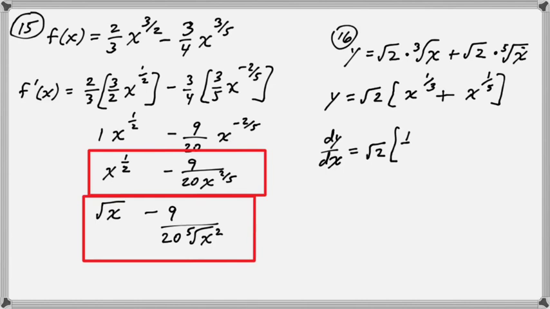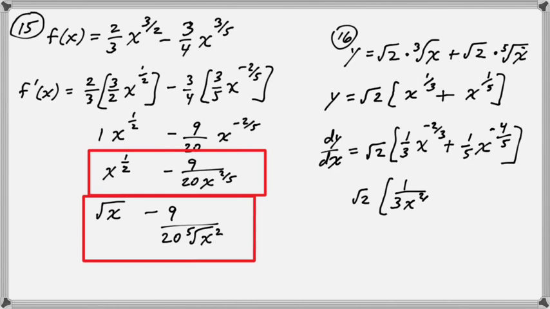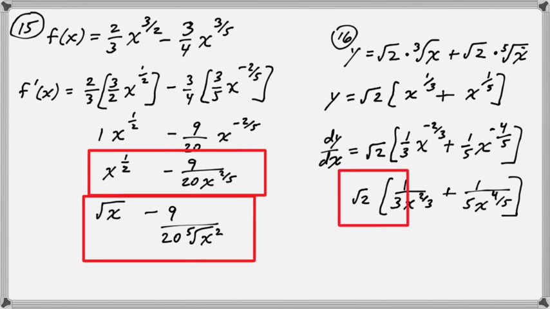Keep that out as a constant. You do power times base to 1 less power. 3/3 less than 1/3 is negative 2/3. Here you're going to do power times base to 1 less power. 5/5 less than 1/5 is negative 4/5. So I'd probably just do this. Plus 1/5, but the x is on the bottom to the 4/5. I think that would be the best way to express number 16.